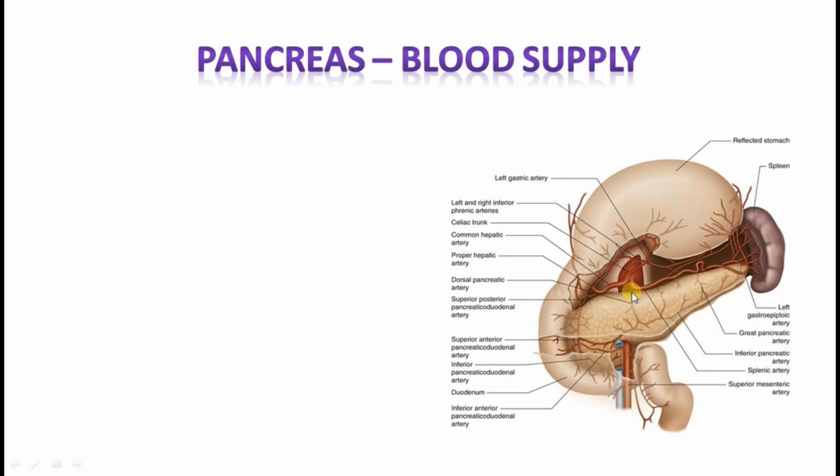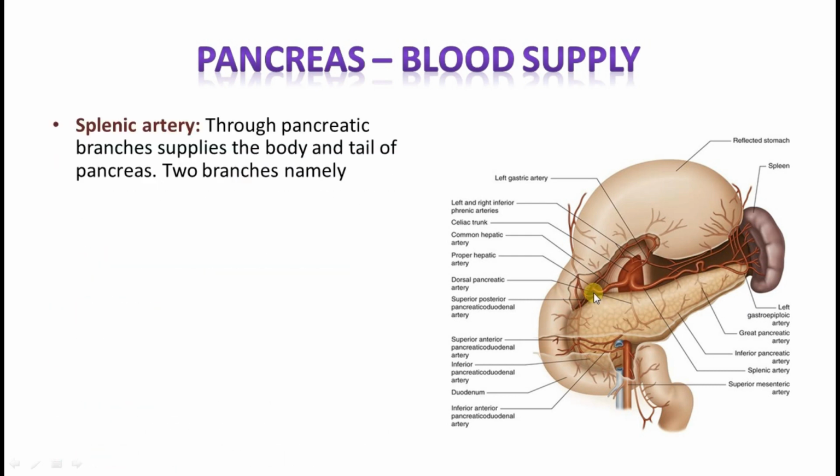So the blood supply of the pancreas: the head of the pancreas, and the tail and body of the pancreas, are supplied by various arteries. The splenic artery, related to the superior border throughout its course, gives pancreatic branches and supplies the body and tail of the pancreas.